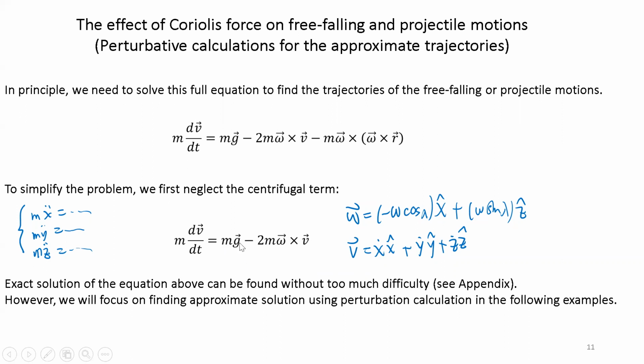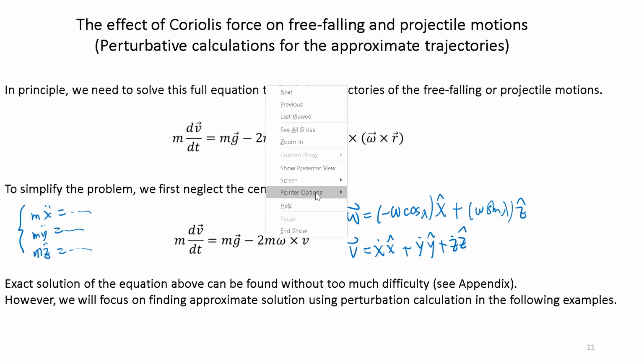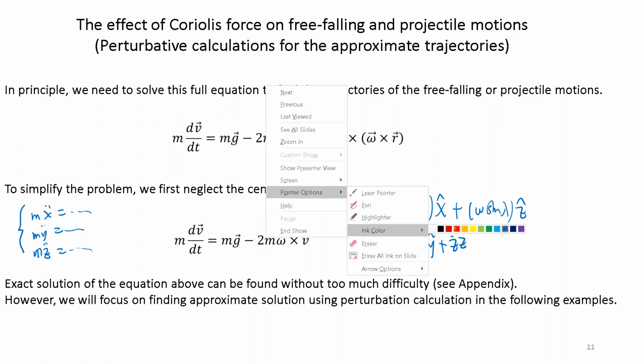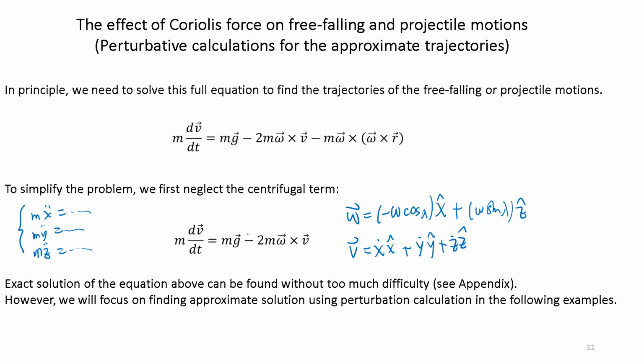So if I solve the equation of motion without this second term, we all know how to do this, and in this case it would be a straight vertical line falling down.